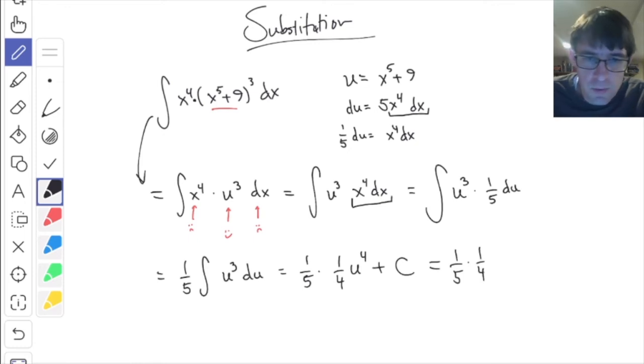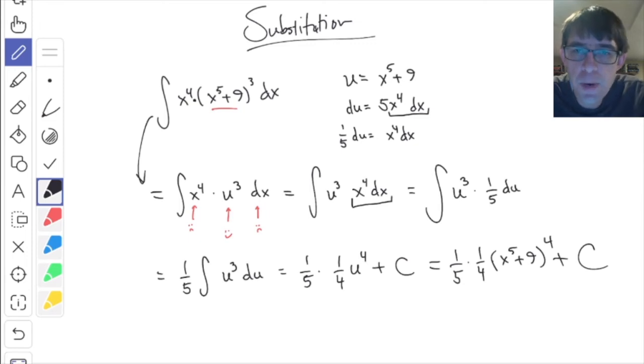If you like, that's 1/20. I don't care about that. Times u to the 4th. Instead of u to the 4th, I'm going to write x to the 5 plus 9 to the 4. Since the original problem was stated in terms of x, u was just like a made-up variable in order to do the trick inside there. You should write the answer in terms of x again. All right. And this is the substitution.